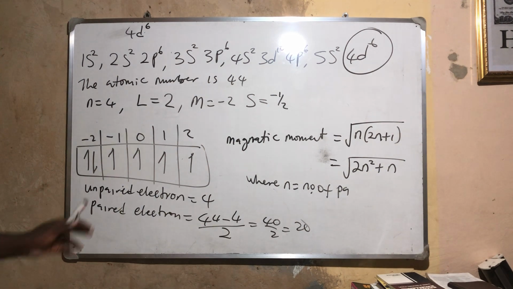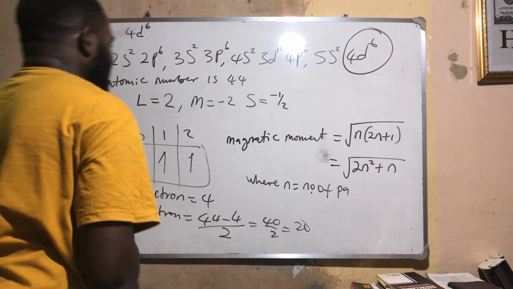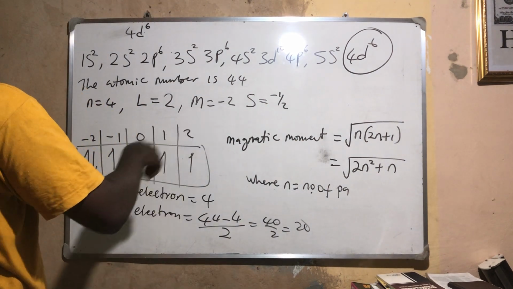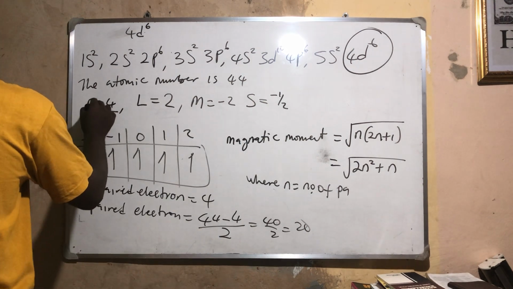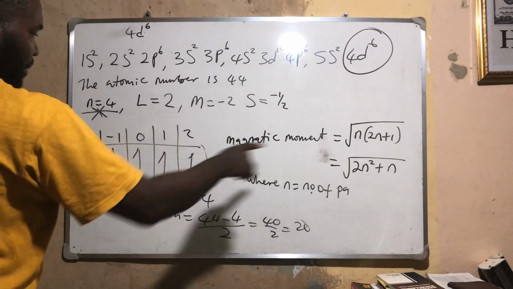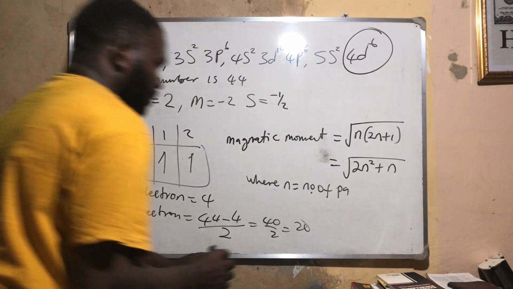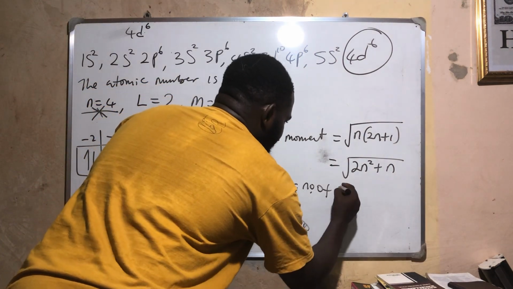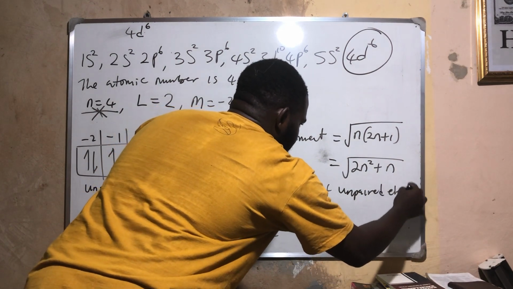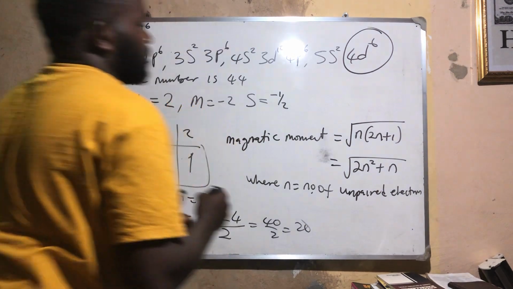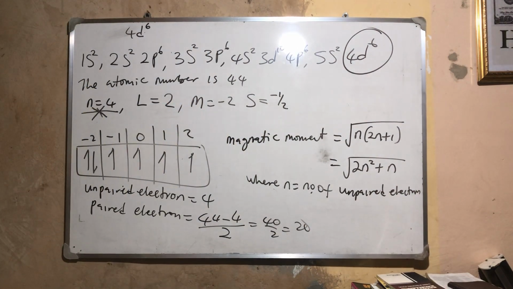Your n here, please, is the number of unpaired electrons, because I can remember that magnetic moment is gotten from unpaired electrons. The n in this formula is not the principal quantum number, but the number of the unpaired electrons.